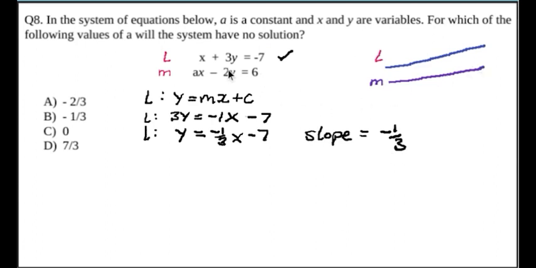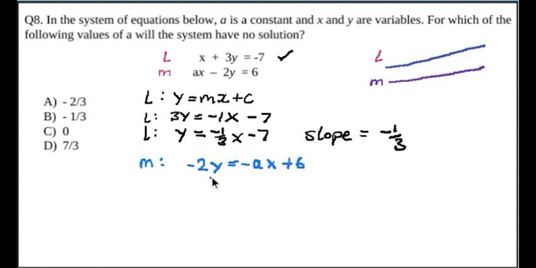So what we need to do now is to redo this with line M, and then we can get A isolated. So let's go on to line M, and we will get ax minus 2y. So we're bringing over the ax. We will get 2y equals minus ax. This is coming across, and we already have a plus 6.